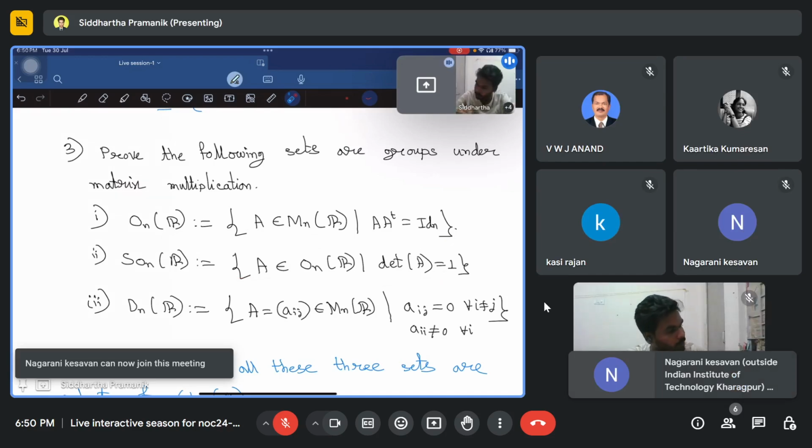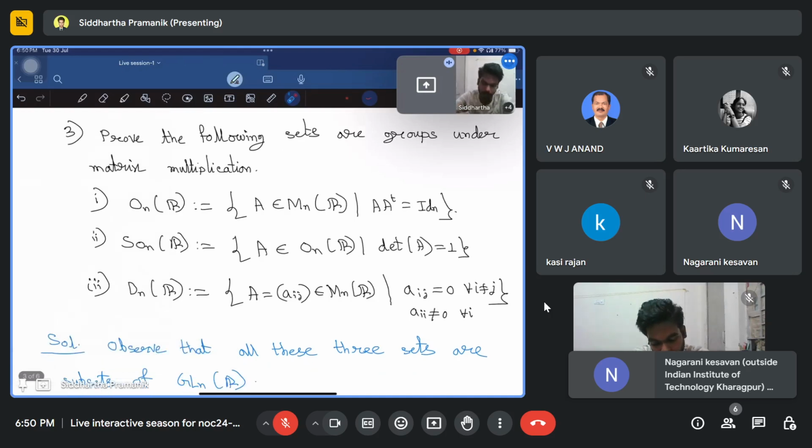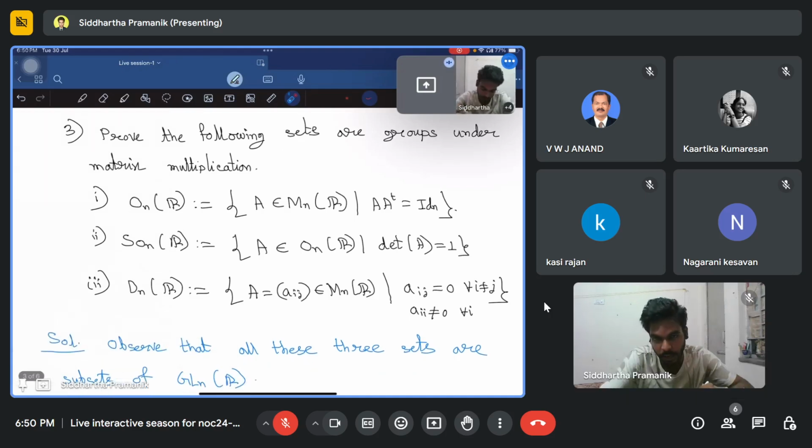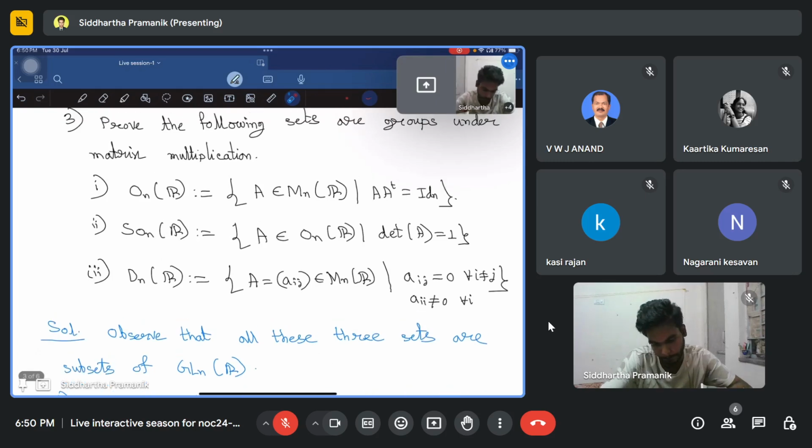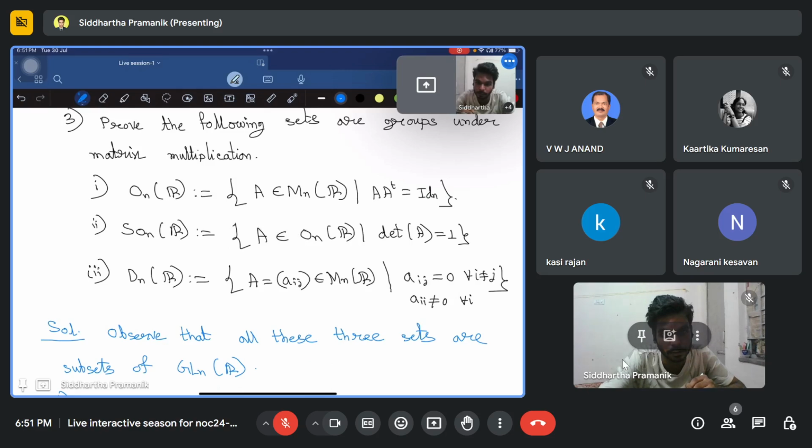And third one is the set of all diagonal matrices. So my question is, are any of the three groups abelian? Can anyone answer this? If you know, you can just unmute and speak. So is GLNR an abelian group? Anyone from the participants?